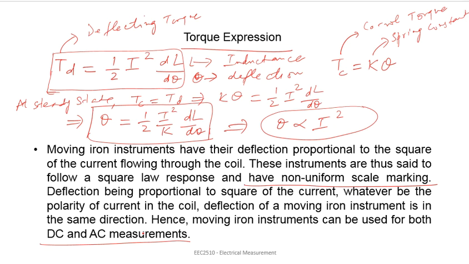So this is the difference between these two instruments. And these moving iron type instruments are the most common if we talk about the use of these instruments. Most commonly they are used in laboratory measurements also, the voltmeter, ammeter. So most of these instruments are moving iron type.